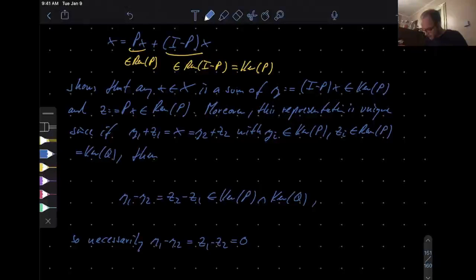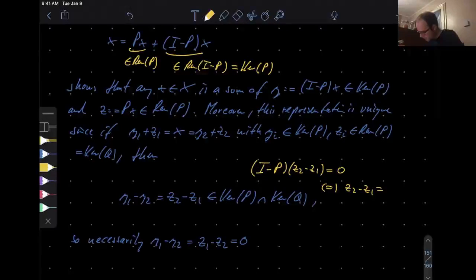Why is this? Well, so the kernel of q is this 1 minus p, so that would mean 1 minus p. Let's do it for the z's. z2 minus z1 is equal to 0, but that of course is just saying that z2 minus z1 is equal to p acting on z2 minus z1.